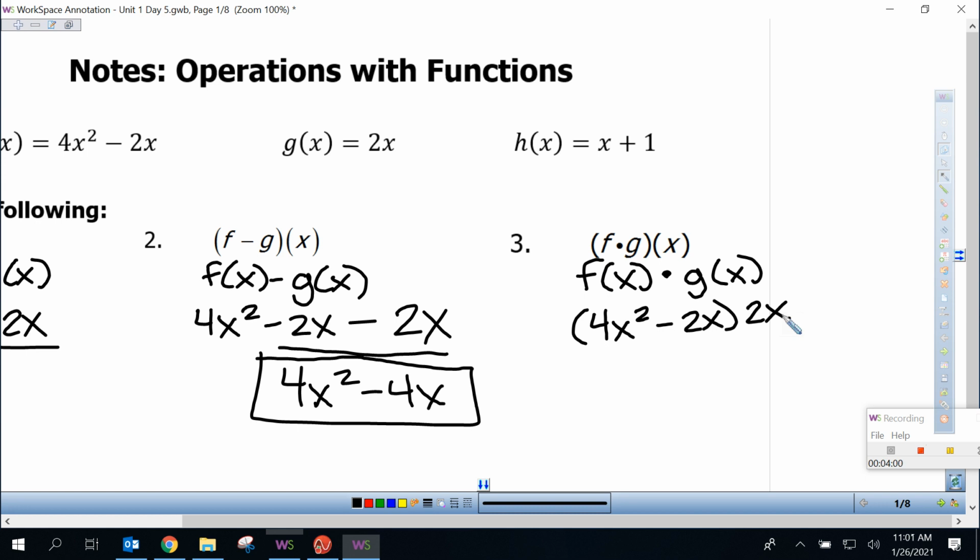What operation does parentheses imply? Multiplication. So we're still multiplying. So distribute your 2x. What is 2x times 4x squared? 8x cubed. Distribute one more time, and what's 2x times negative 2x? Negative 4x squared.